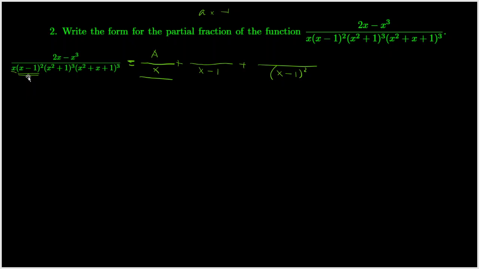Again, corresponding to the double underlined term, x minus 1, the whole thing squared, in the form of partial fraction decomposition, you have 2 terms. I will double underline the 2 terms to indicate they correspond to the second factor in the denominator.